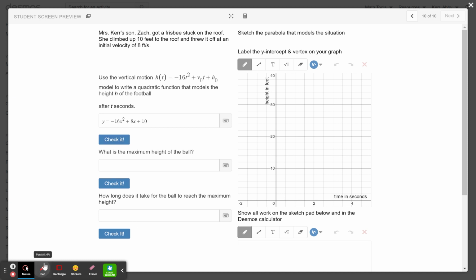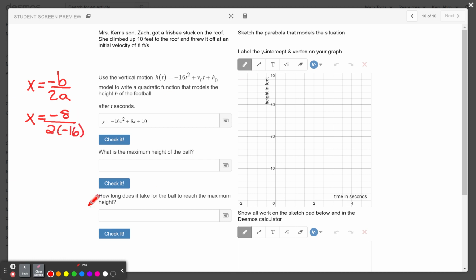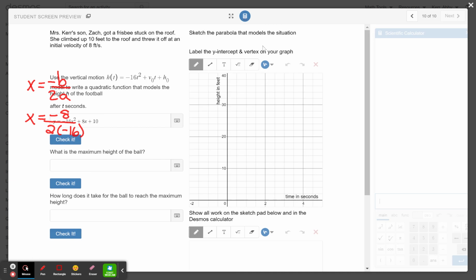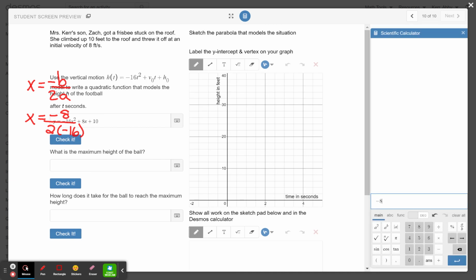Now, even though this is asked last, you want to find the time first. Opposite of b is negative 8 over 2 times negative 16. Put that into the calculator. All right, so it takes 0.25 seconds for it to reach the max. Now, what is the max height?